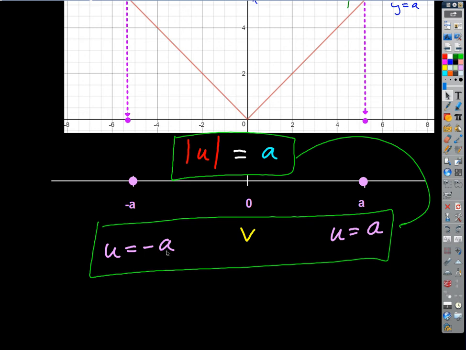It makes sense that both of those could work, because if we started off with, say, -7 in there, what's the absolute value of -7? It's 7. The absolute value makes it positive by multiplying by -1. If we started off with something already positive, the absolute value wouldn't need to do anything.